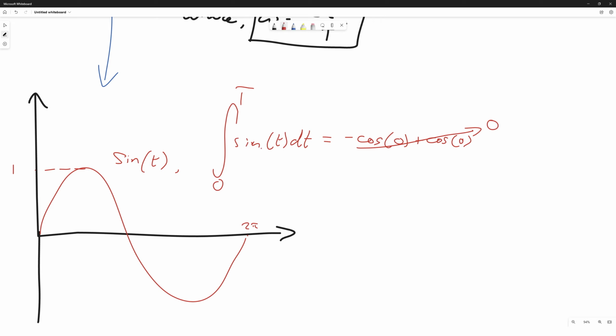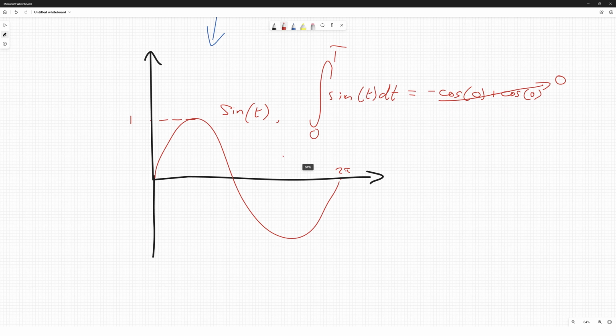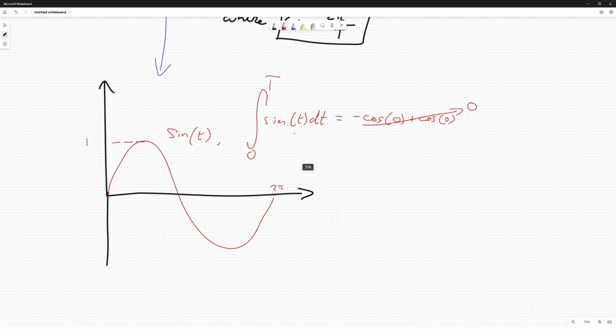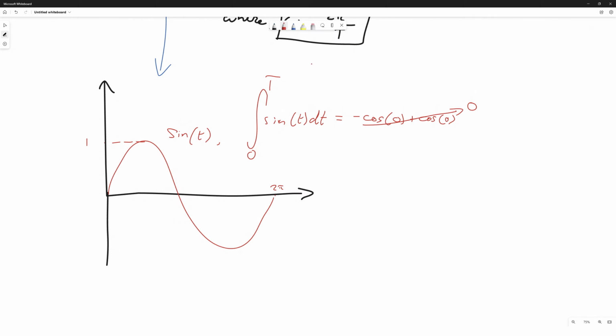And the same holds true for cosine and any other periodic sinusoid, right? But if we add a constant term to this, so instead of just being this, it's plus some C naught, dt, this will be 0 and this will be C naught times t, so we will get C naught times the period.